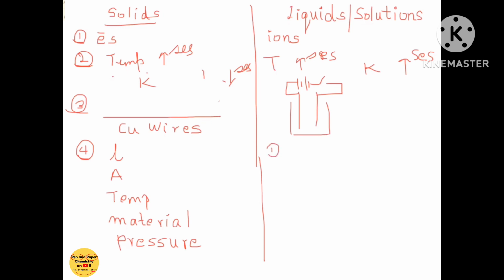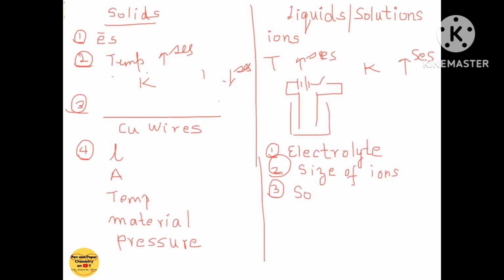First and foremost factor which affects is the type of electrolyte you have. We shall be discussing these step by step. It also depends upon the size of the ions. Bigger the ions, more difficult will be for them to move around.